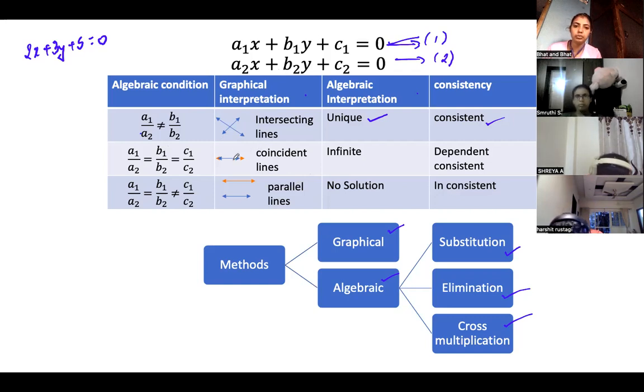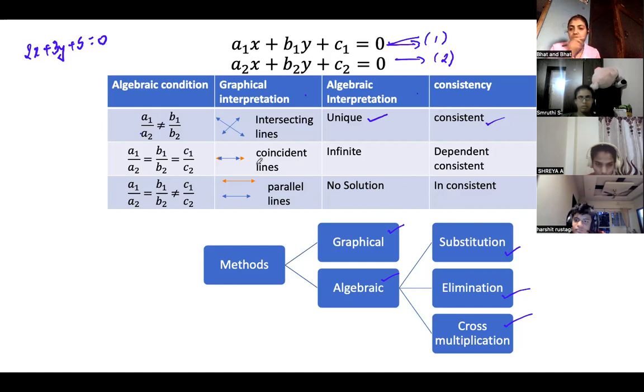See here, we have two different lines. One I have represented in orange color and the other one in blue color. So they will be coincident lines.